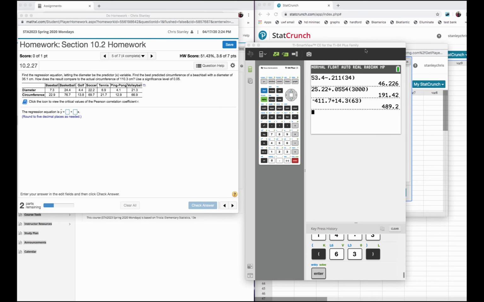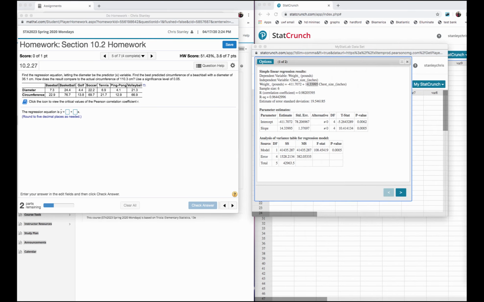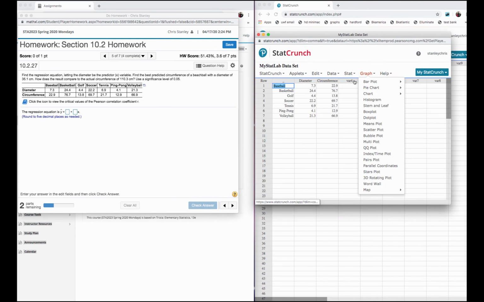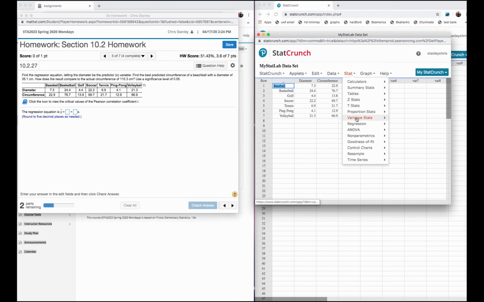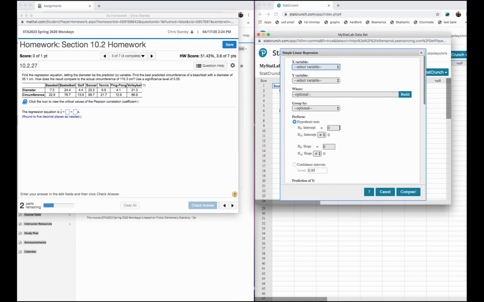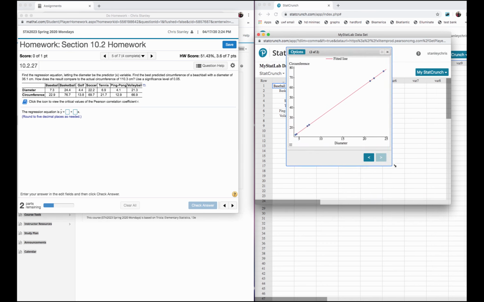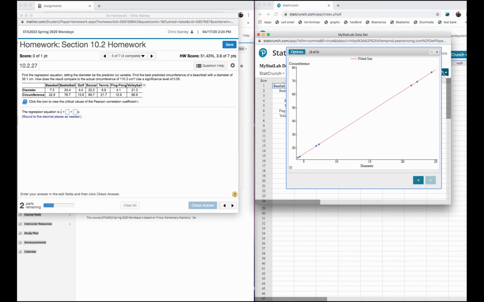Let's get rid of my calculator and let's go ahead and pull the data up. I'm going to go ahead and run the data. So I pulled up this thing. Actually looks perfect. Just wanted to take a look because I was curious.